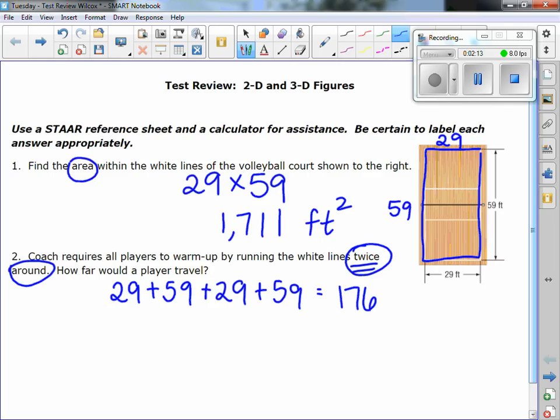So that's how far that they would run if they have to run it only once. But remember, these athletes are having to run around this court twice. So if I double that, that will give me how far they're having to run total. So 176 times 2 gives me a total distance of 352 feet.